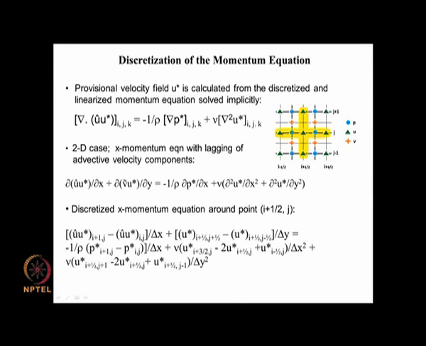So this is the approximation for dou square U by dou x square at I plus half. Because this is a derivative in the x direction, we take this value minus 2 times this value plus this value, that is what we have here.